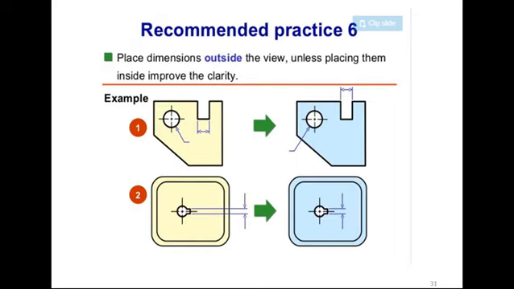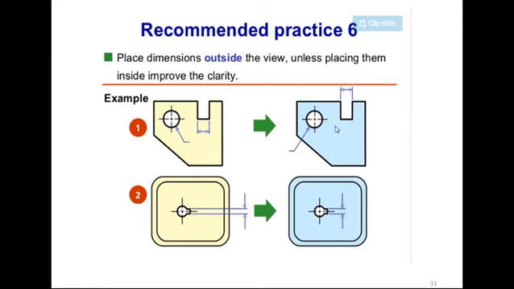Okay, then next, a very important thing, is recommended practice 6. Dimension outside the view unless placing them inside improves clarity. You are able to see the difference between this and this. What we have shown here, this is a wrong method and this is a right method.